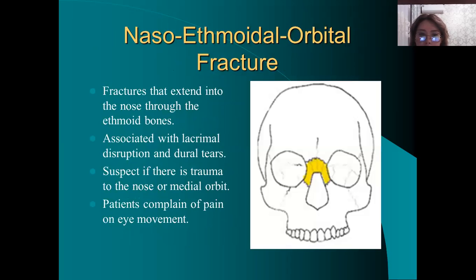Nasoethmoidal orbital fractures extend into the nose through the ethmoid bones, associated with lacrimal disruption and dural tears. Suspect if there is trauma to the nose or medial orbit and patients complain of pain on eye movement.